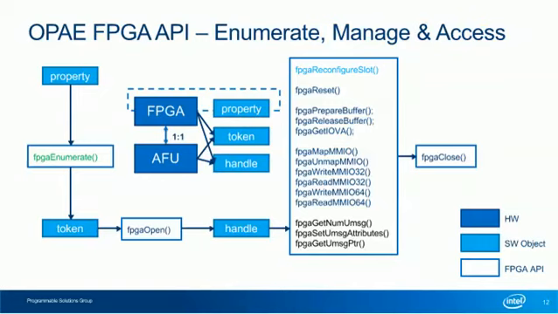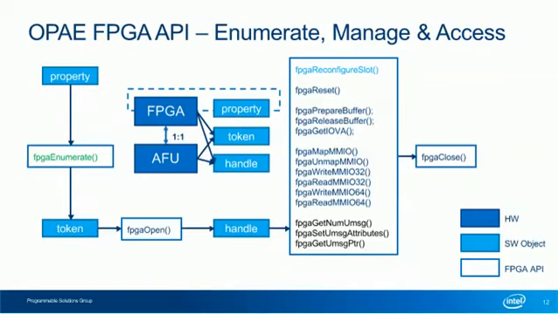With a token, which represents an FPGA resource, users can call FPGA open to acquire ownership of that resource, which will return a handle. With the handle, users can then perform numerous tasks such as reconfigure FPGA functionality, map and unmap register file of an accelerator into the virtual memory space of the calling process, prepare memory buffer to share between the calling process and the accelerator, transfer data to and from the device, control the accelerator, and others.